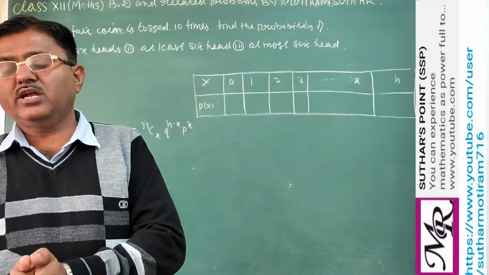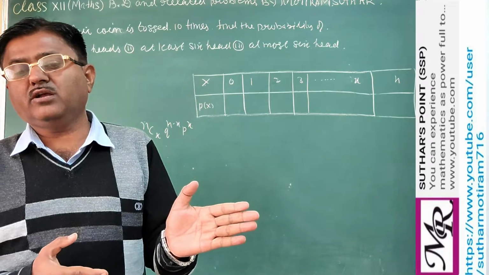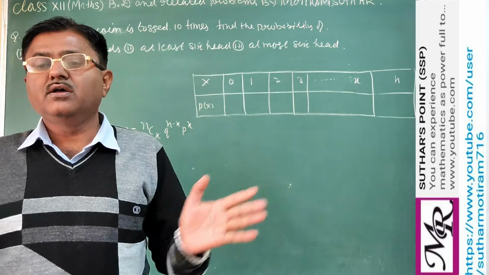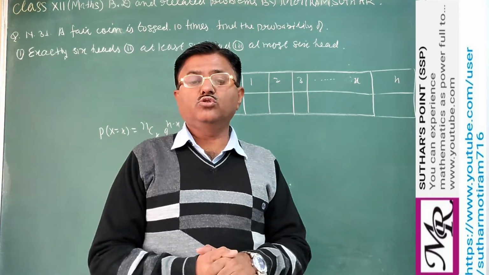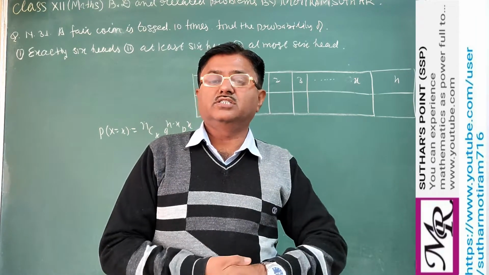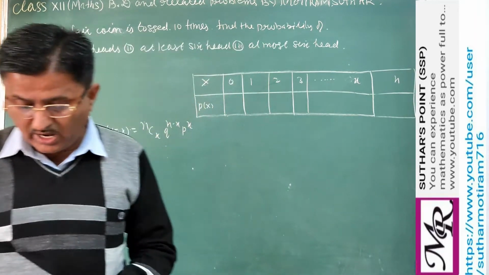One way is to start from no success, 1 success, 2 successes, 3, and so on, but this is a long process. So to find a particular success, we have to see the general term of the binomial.